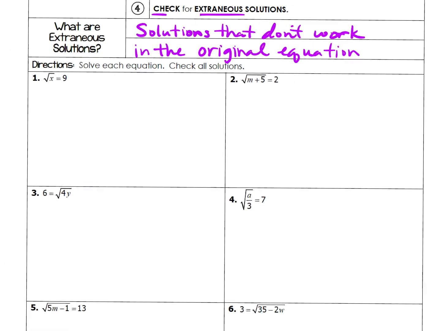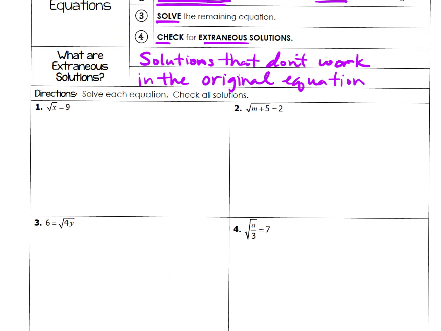So take a look at this situation. Number 1, is the radical isolated? Yep, the only thing on the left side of our equation right now is under that radical symbol. So if everything is under the radical on one side of the equation, it is isolated. So step 1 is done. Step 2, square both sides. So you are going to square this and square that.